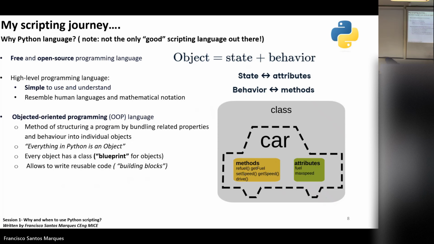It's just one of the many. It really depends on what your final outcome or objective is, okay? If you are doing, let's say, front end, or web design, there are other scripting languages that are much better, like JavaScript or something like that.